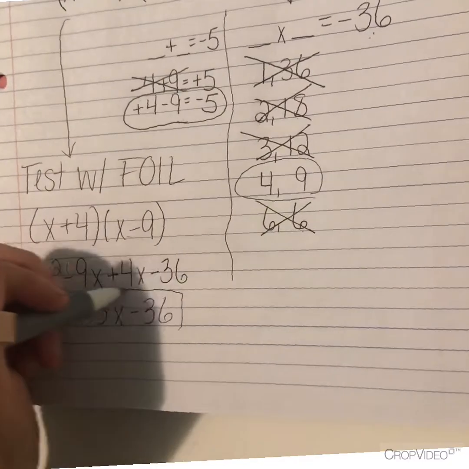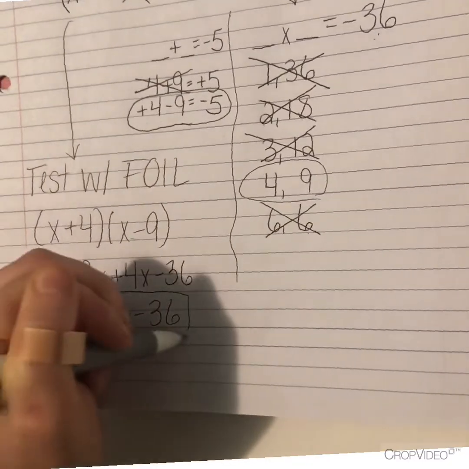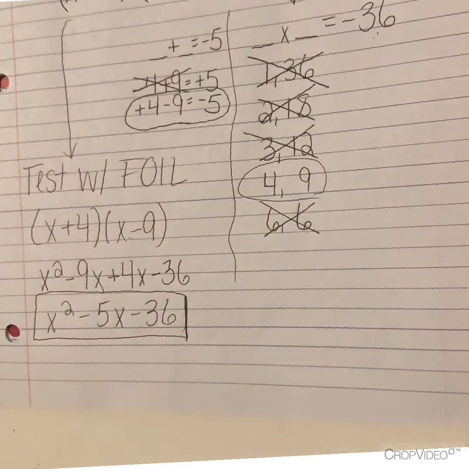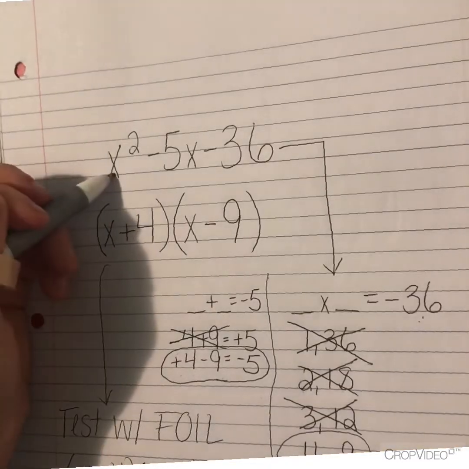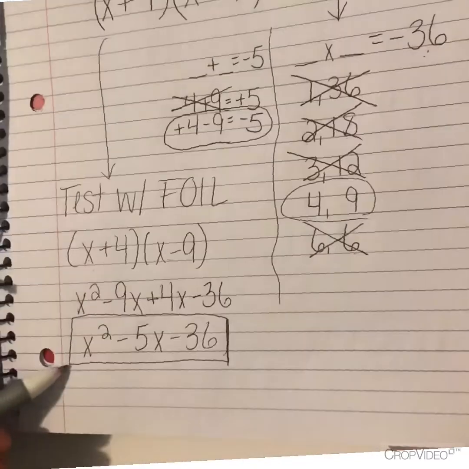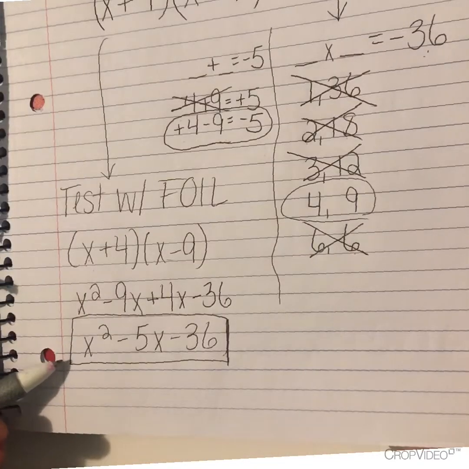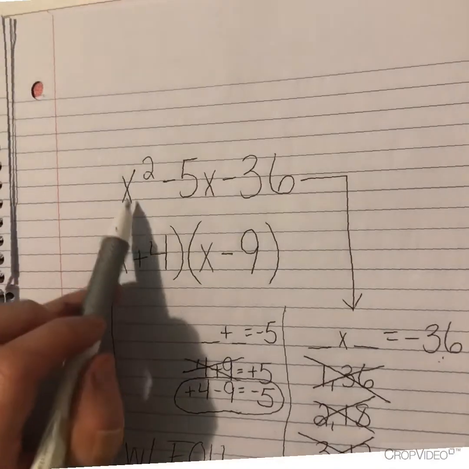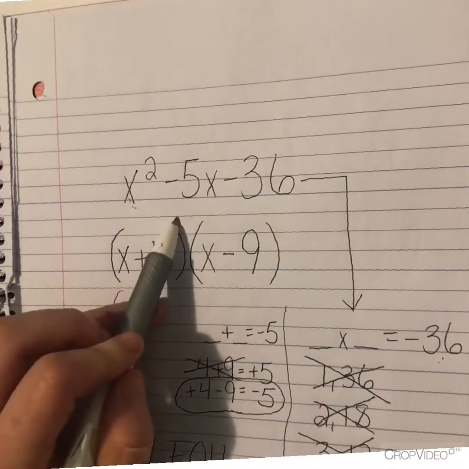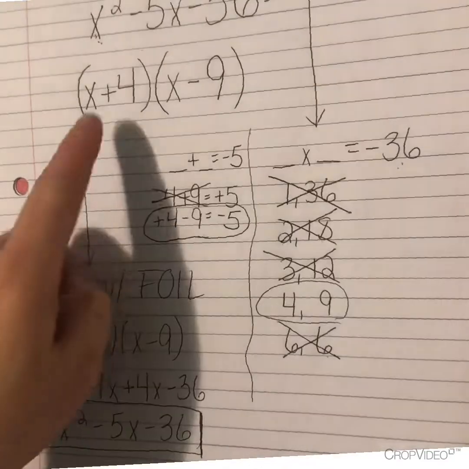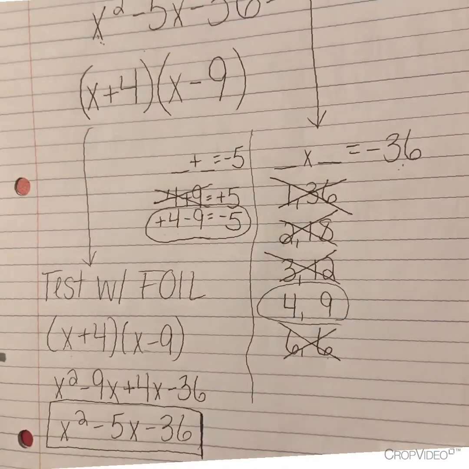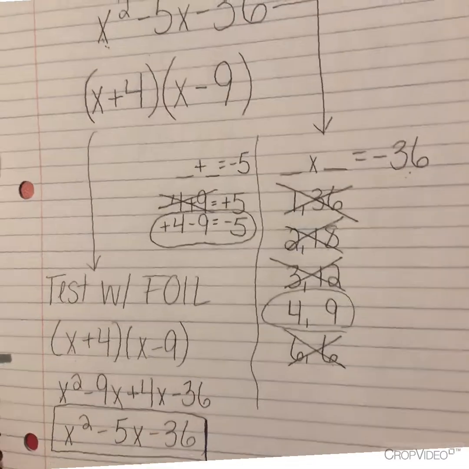So this is what we got when we tried out our answer, and we see that that is the exact same thing that we started with: x squared minus 5x minus 36. And this was our original problem, x squared minus 5x minus 36. So we know that our x plus 4 and our x minus 9 is the right option.